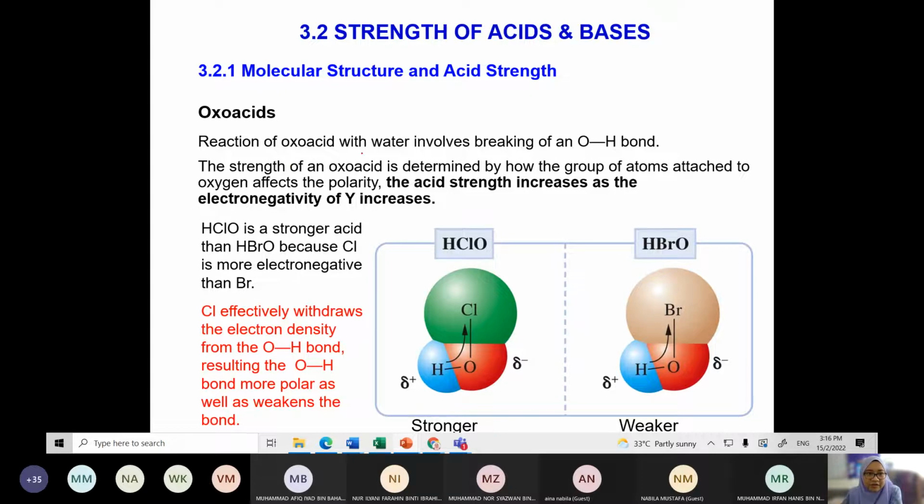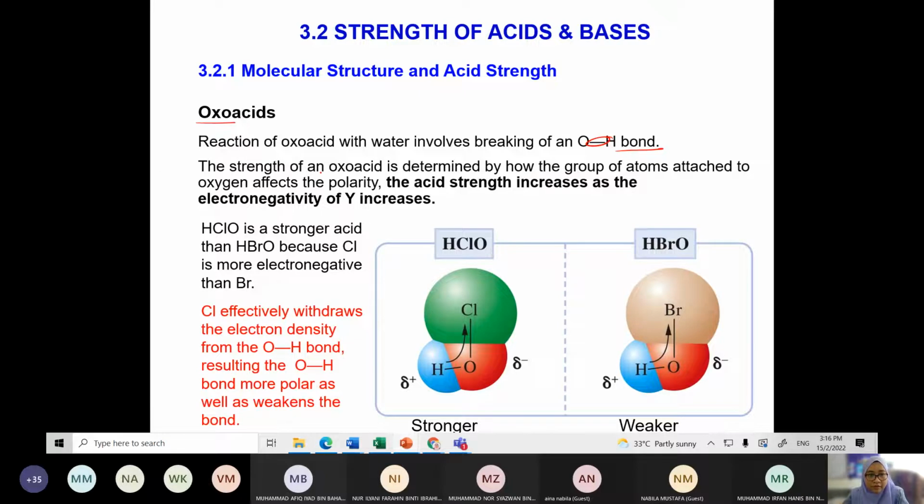The reaction of oxo acid with water involves breaking of an OH bond, this bond. The reason it is called oxo acid is because the hydrogen is attached to oxygen. The hydrogen that will be removed later is directly attached to the oxygen.